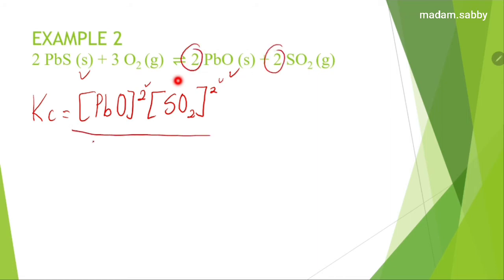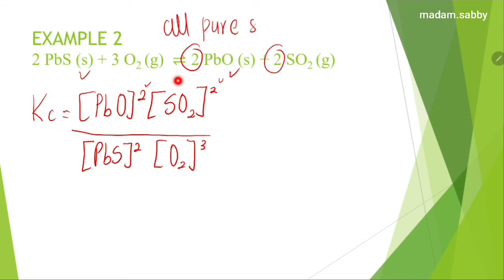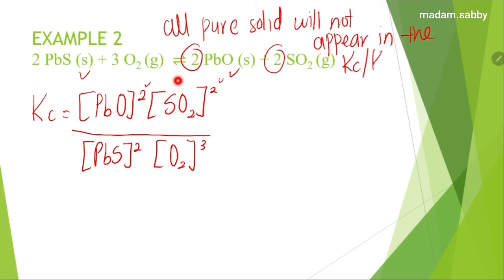Then concentration of PbS squared, concentration of oxygen, and the stoichiometry is 3. Remember the first rule: all pure solids will not appear in the Kc or Kp expression.